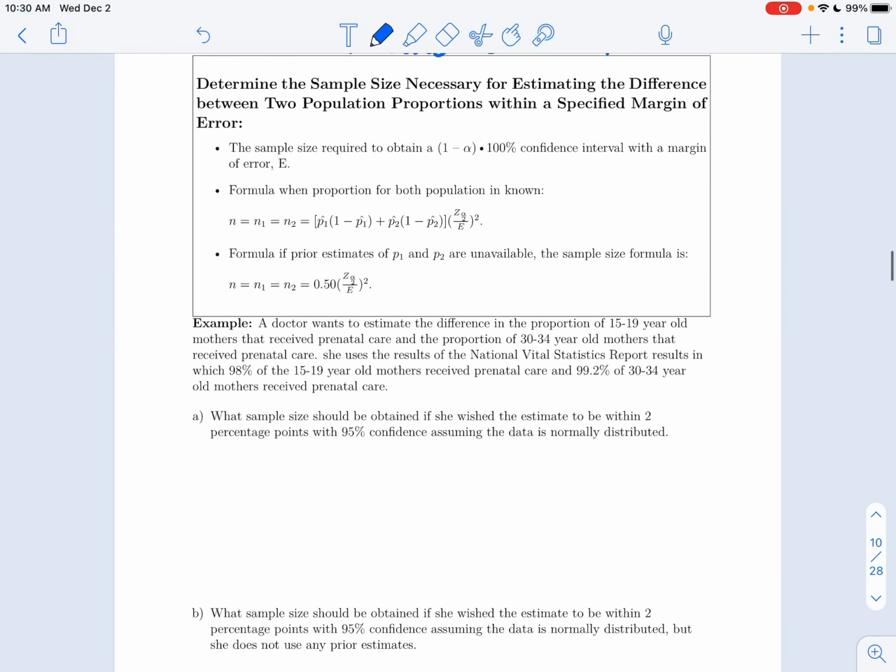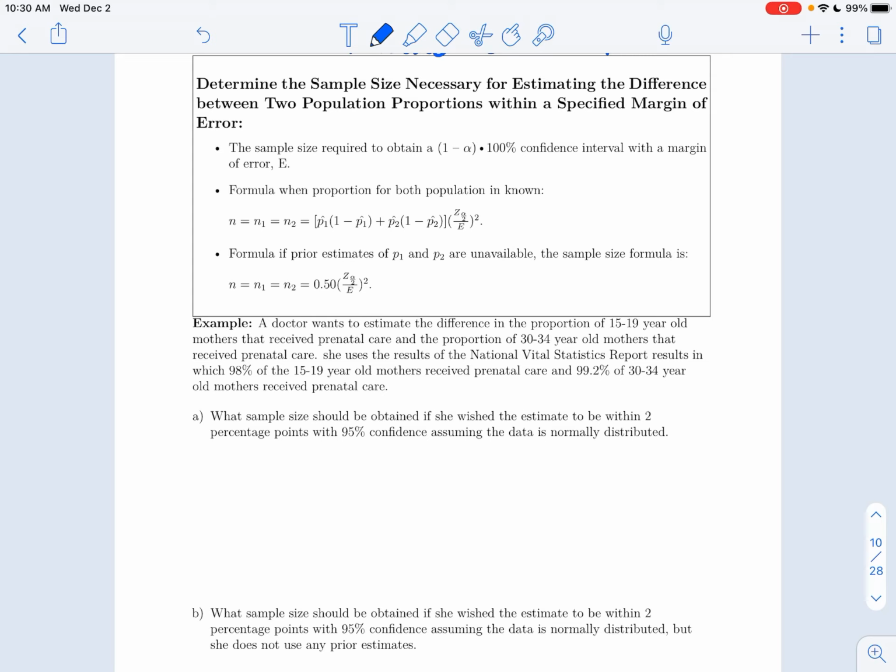Okay, determining the sample size necessary for estimating the difference between two population proportions within a specific margin of error. The sample size required to obtain a 1 minus alpha times 100% confidence interval with the margin of error E. Formula when proportions for both populations are known: N equals N1 equals N2 equals all that.